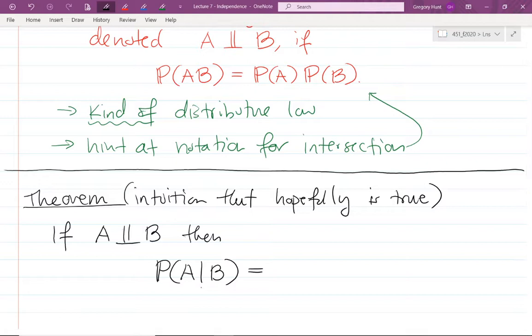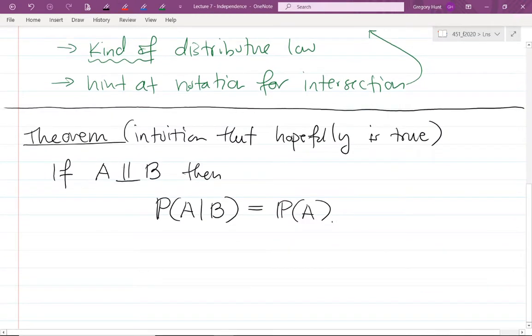However, if A and B are independent, we don't expect the information that B occurred to change our probability that A occurred. So what's the result we expect to be true? We expect that we don't care about the occurrence or not of B, and that the probability of A given B is the same as the probability of A, because B does not affect A. That's a much more intuitive result of independence.